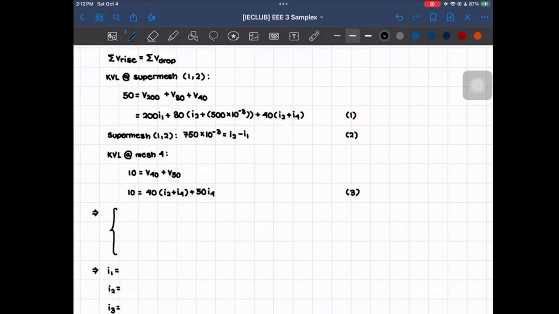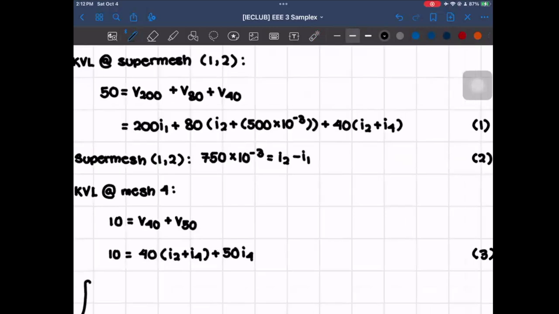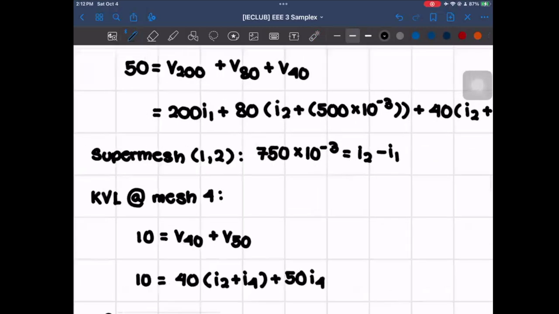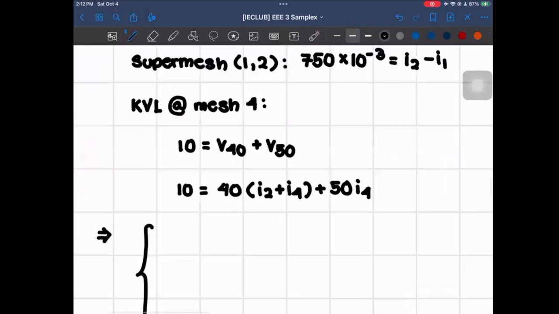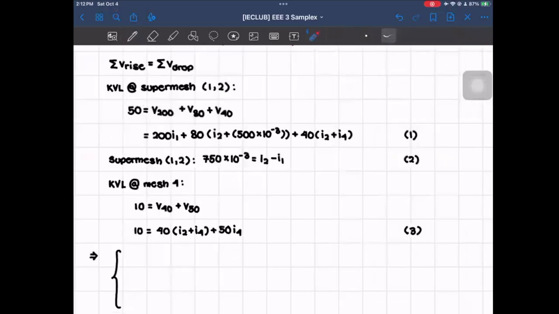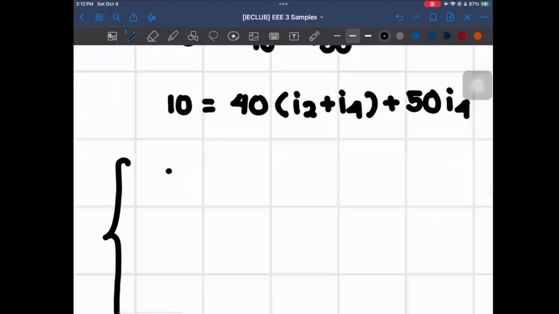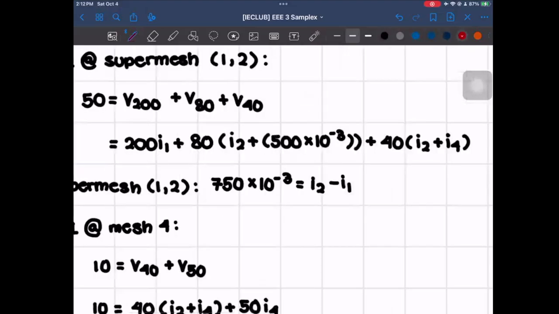we combine all of the I2 together, all of the I4 together, all of the I1 together for each equation. So for I1, in the first equation, the only one present here is just 200 I1. Then plus, for I2, we have 80 here and the 40 here.